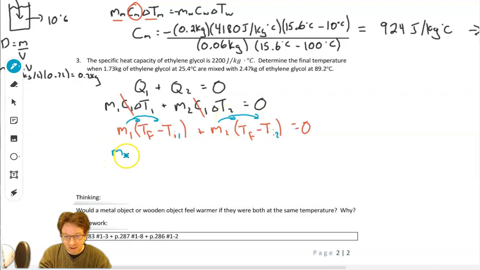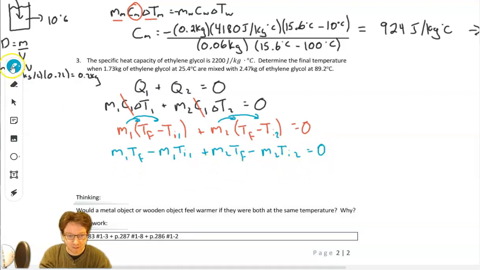So this will give me M1 TF minus M1 T initial 1 plus M2 TF minus M2 T initial 2, which equals 0.